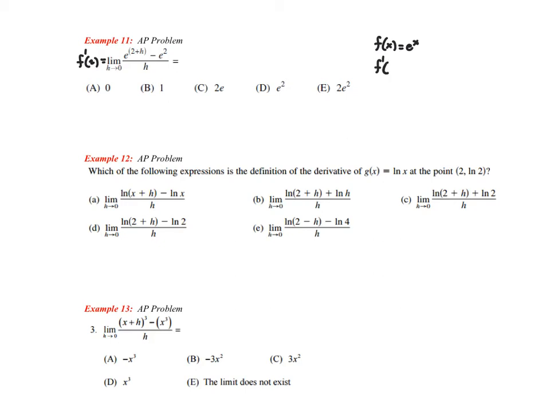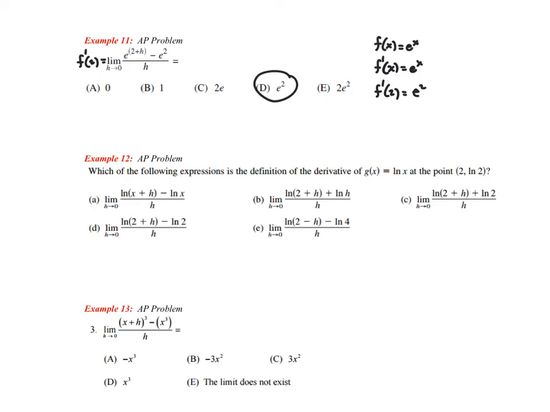So the derivative of f of x is also e to the x. And we're locating our derivative at x equals 2. So we would insert a 2 for x, and we would get e squared. That would be the value that limit would approach or be equal to as x approaches 0.